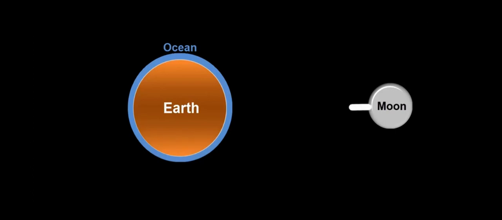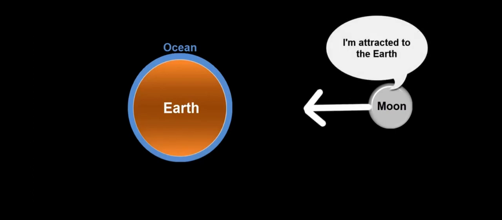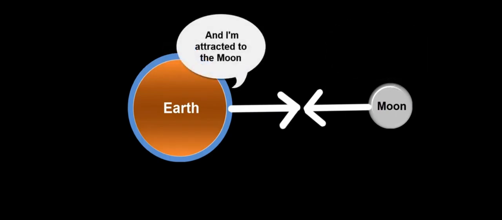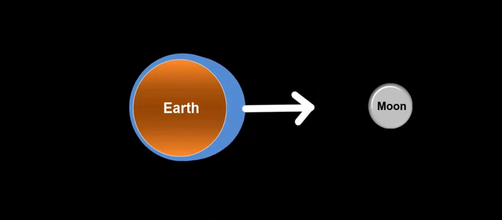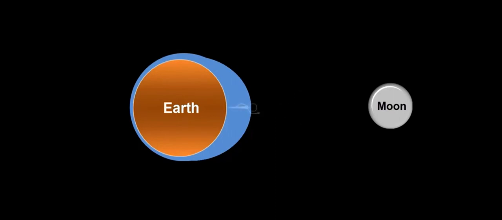So the moon is attracted to the Earth, and the Earth is equally attracted to the Moon. Notice that the two force arrows are the same length, showing that gravitational attractions are of equal strength. But we're only interested in the force on the Earth here. The Moon pulls on the ocean closest to it and makes it bulge outwards.